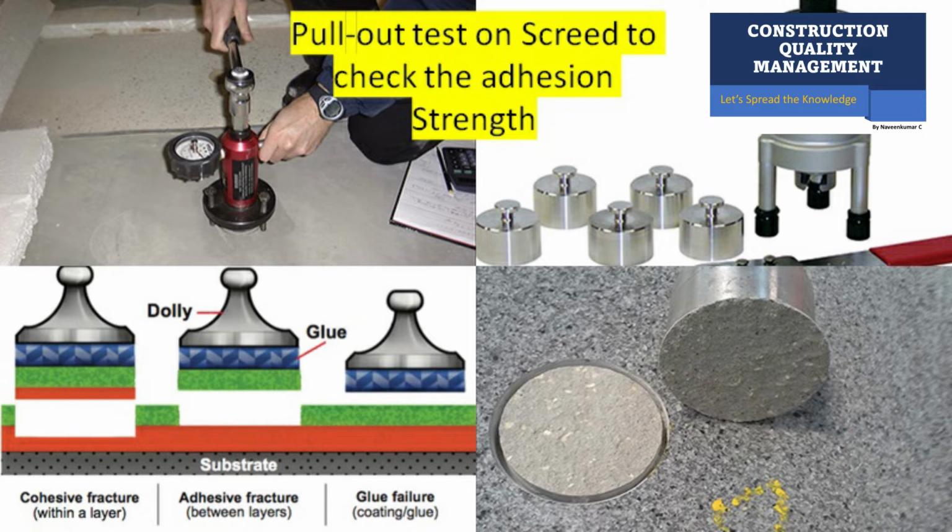If a dolly comes away along with the screed, as you can see in the central dolly at the bottom left, where the screed has failed and the substrate is intact, that means the screed has no adhesion with the substrate. But even then, the reading of failure should be noted down, and if the designer specified reading is crossed, the screed can be accepted.